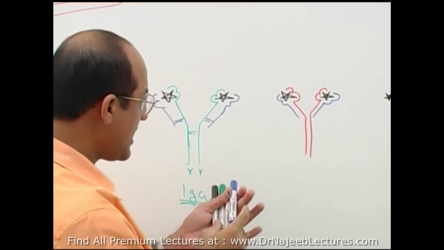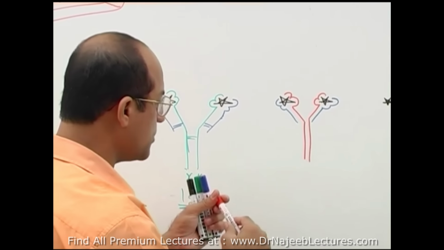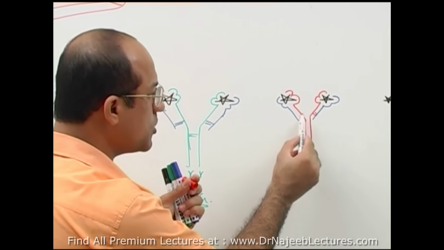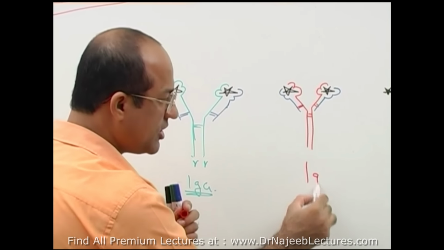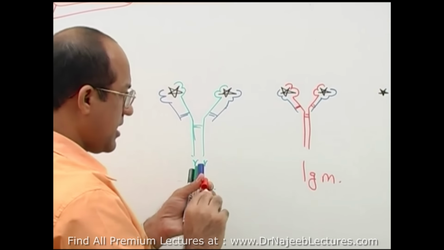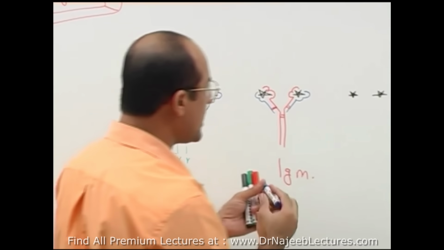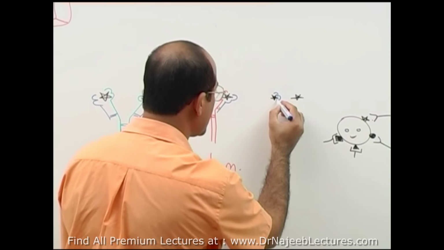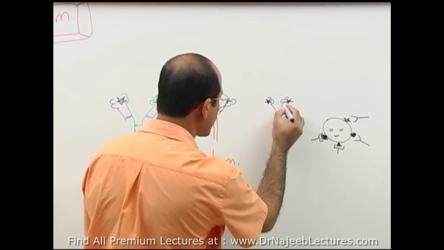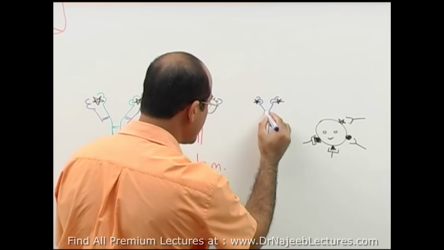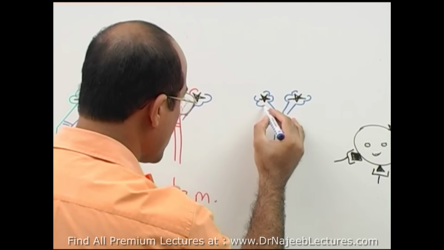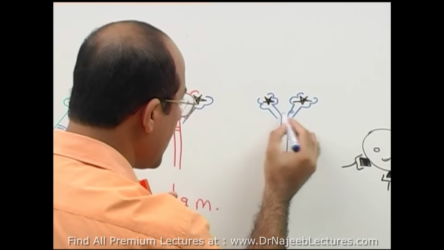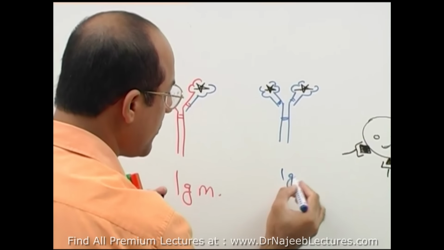Is that right? And now let's suppose it is mu. If this heavy chain is mu, then what is this antibody? Class IgM. Let's suppose these are alpha heavy chains, then what is this? IgA.